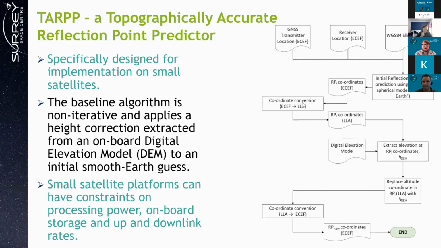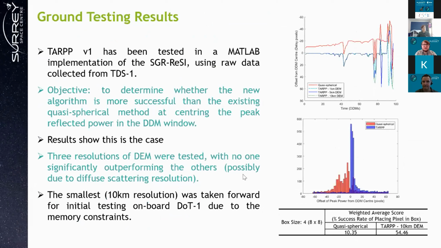It extracts the height at that point, and then replaces the lat long altitude with that height, and then converts it back into ECEF. So as I said, very simple, but this was initially tested in a software receiver on the ground.